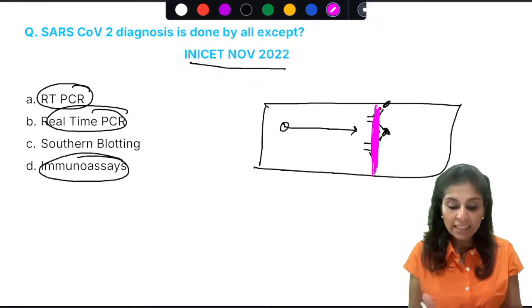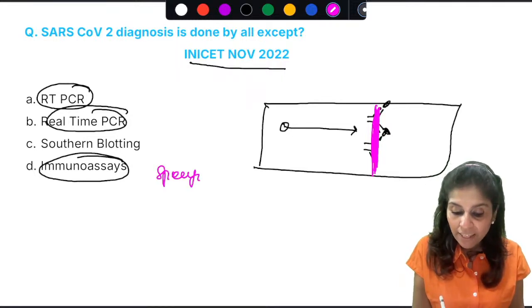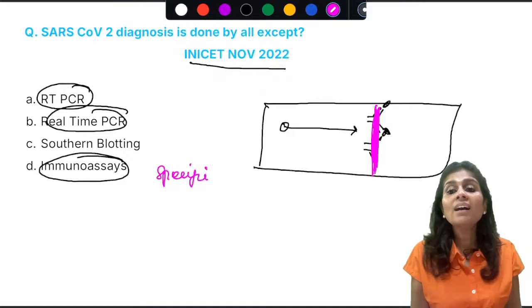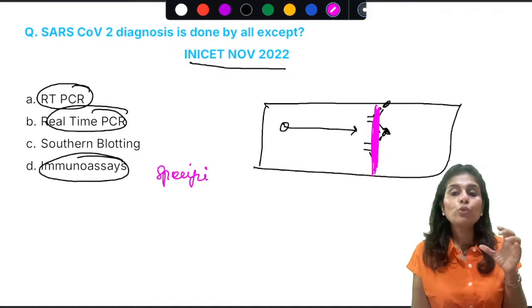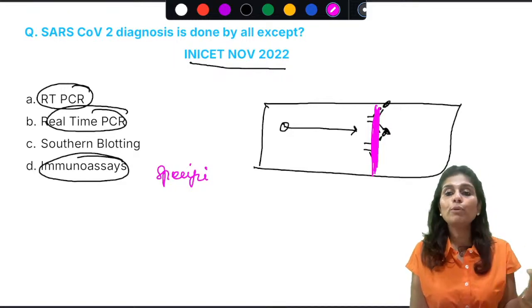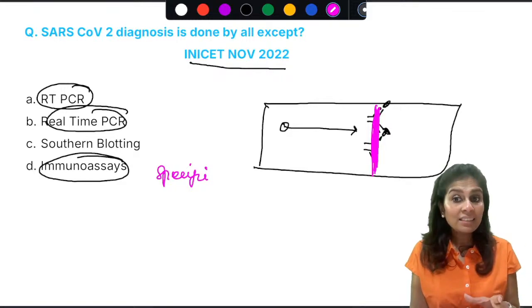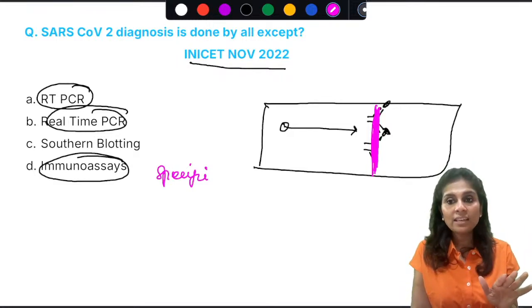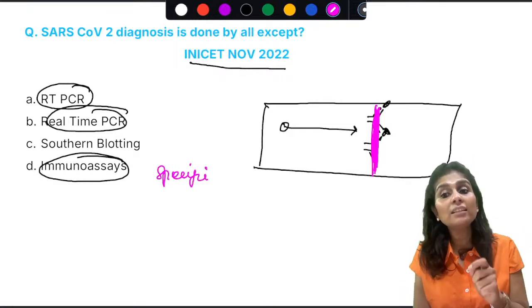So immunoassays can be specific, but they are not very sensitive, right? So how do you interpret a card test? When you do a card test for your patient, if it's positive, it is positive. And if the card test says negative, it can still be positive. Do you understand this? If the card test is negative, it can still be positive.